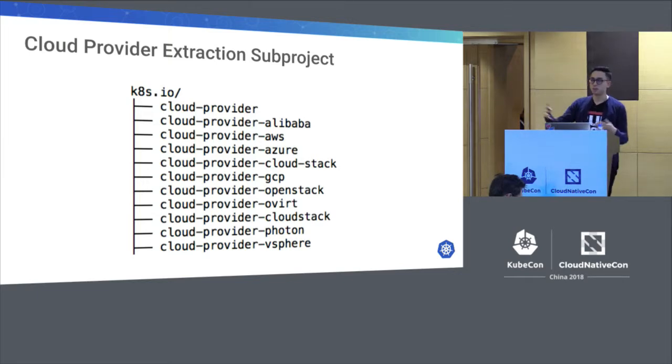There was pushback: we already have this divergence of in-tree and out-of-tree providers, and we don't want to create a second level of divergence where we have the out-of-tree Kubernetes providers and the out-of-tree Kubernetes SIGs providers. And so we came to consensus on sticking with the main Kubernetes org.